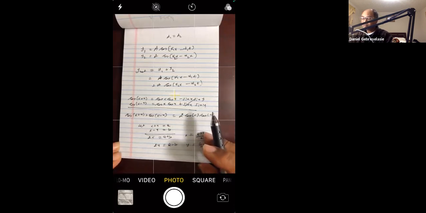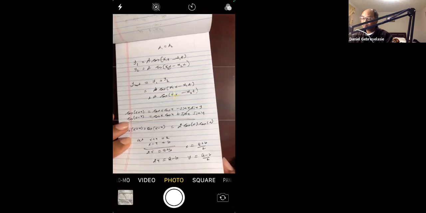So I'm trying to go from here to here. So this gives me cosine of A plus cosine of B equals, then the x is A plus B over 2 and the y is A minus B over 2.